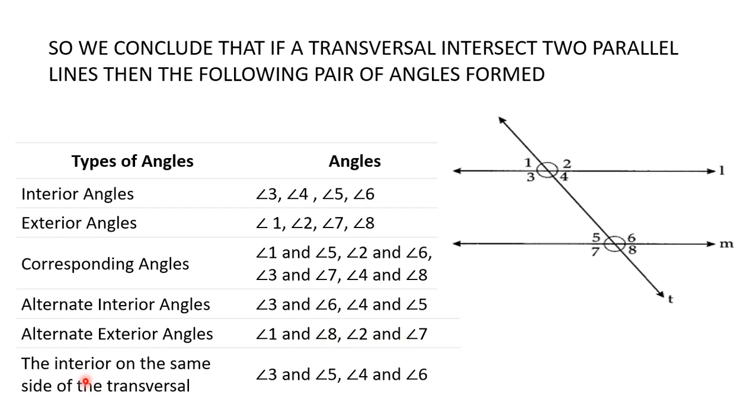Then next, the interior angles on the same side of a transversal are 3 and 5, and the second pair 4 and 6. Then we have 3 plus 5 is equal to 180 degrees. Angle 4 and angle 6 is equal to 180 degrees.